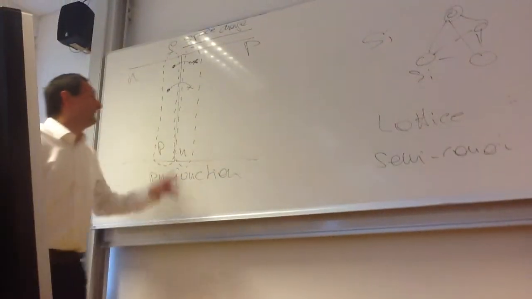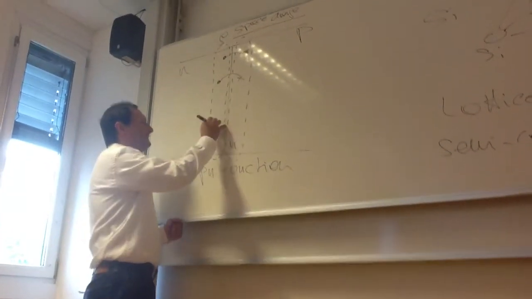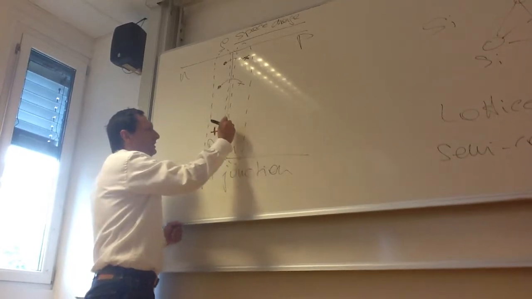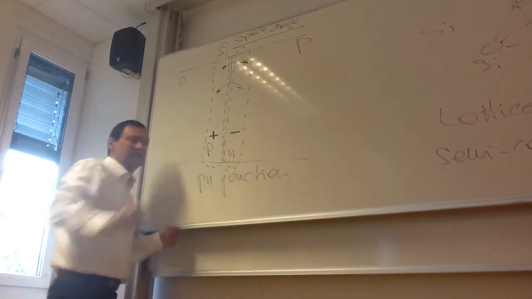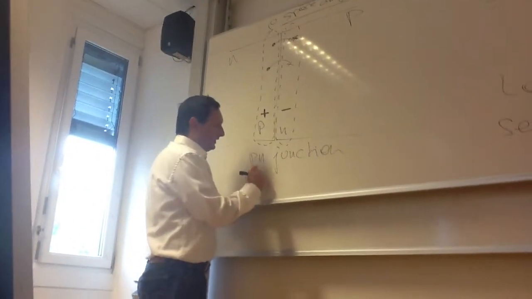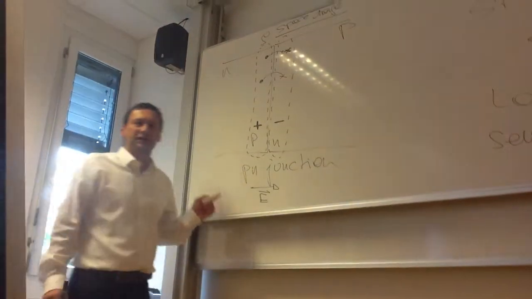So only the electrons move. That means that on this side we have a positive space charge, and on this side a negative space charge. That means that we also have an electric field across our junction.